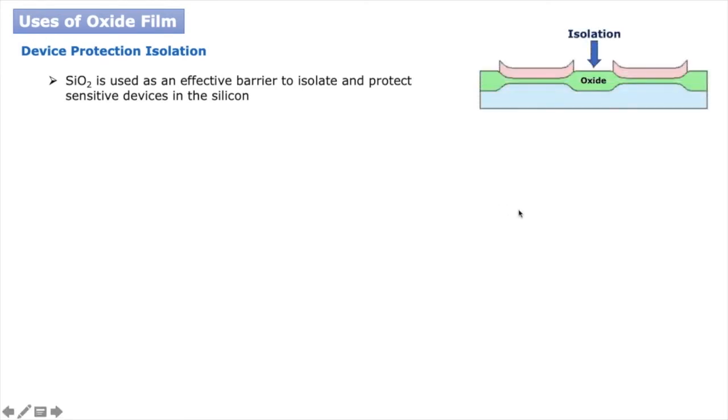This is the way it is done: you grow a thick oxide layer between two devices. You have one device here, another device here, and just to isolate these two devices, you grow a thick oxide layer.